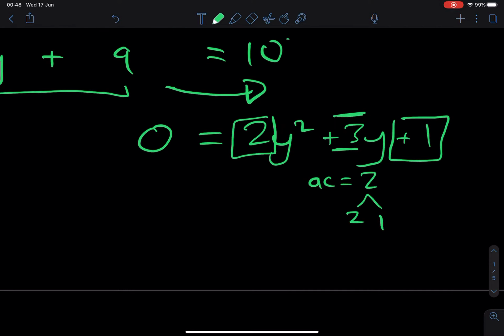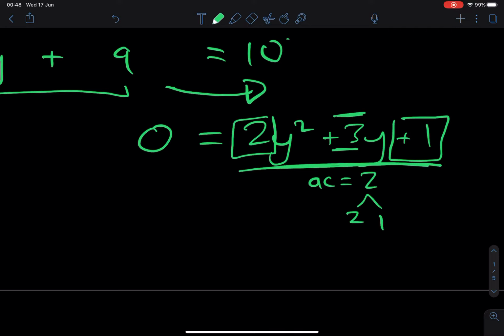Now, because this is 2y squared, not just y squared plus 3y plus 1, I can't just put it straight into an equation. What I have to do now is rewrite out this equation here, okay?